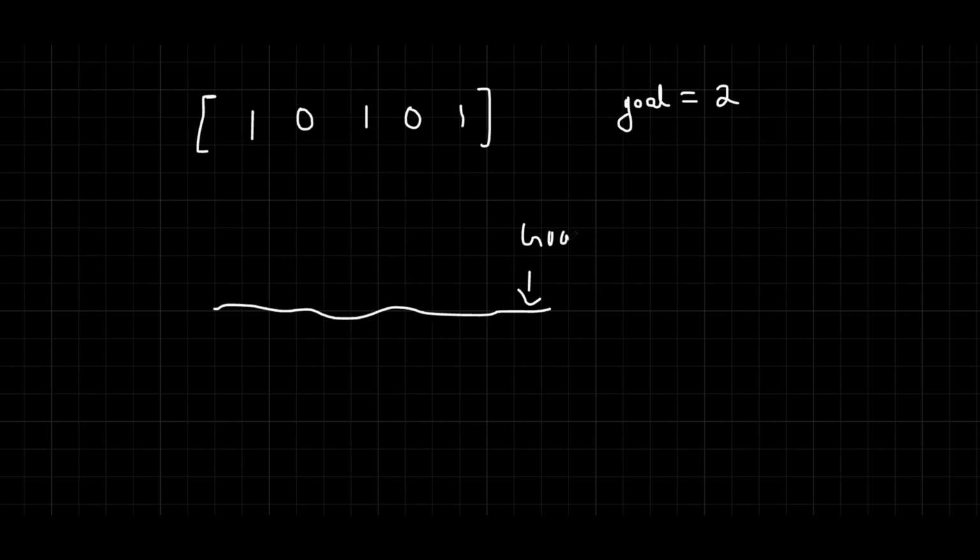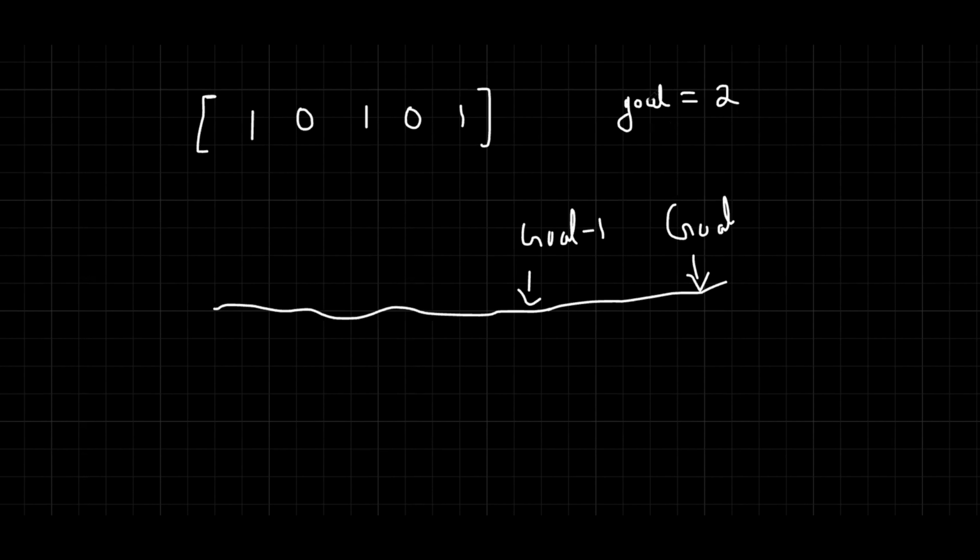Now, let's take a number line for the explanation. Now our problem is we have to find the number of subarrays where the summation of all of the elements is equal to goal. Now let's rethink this problem.